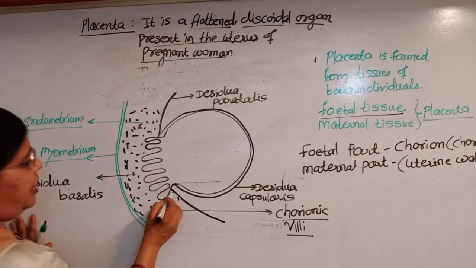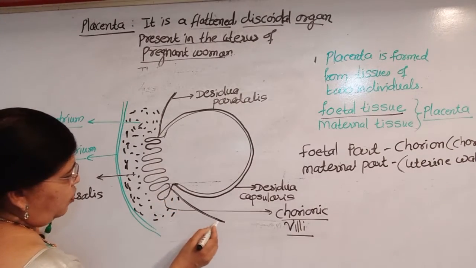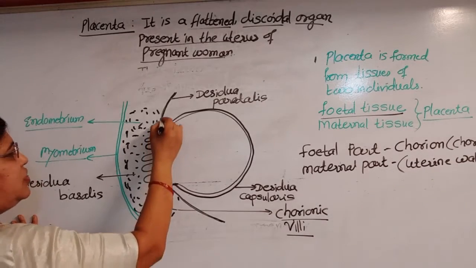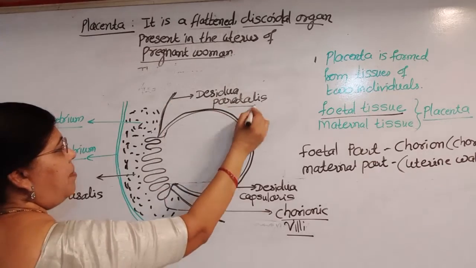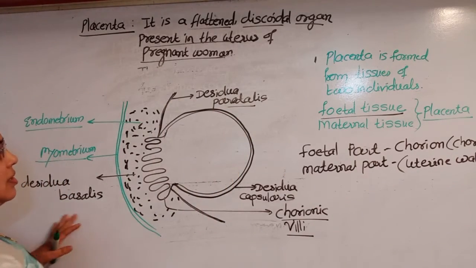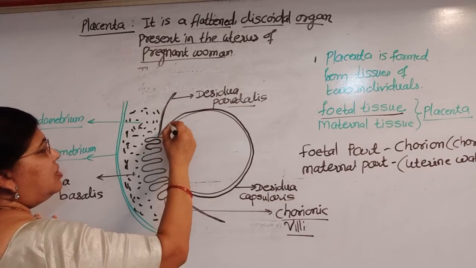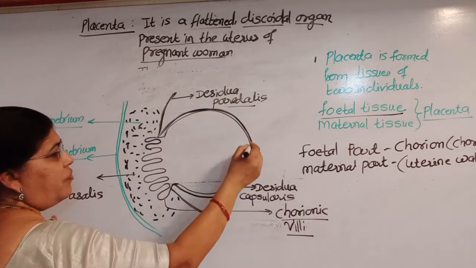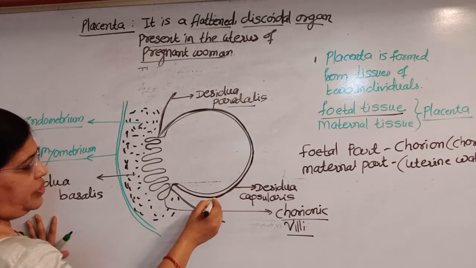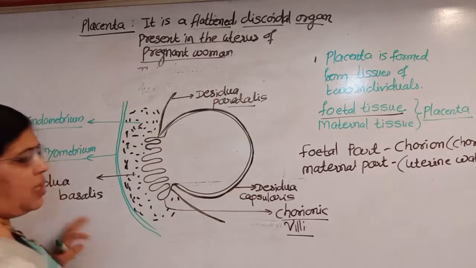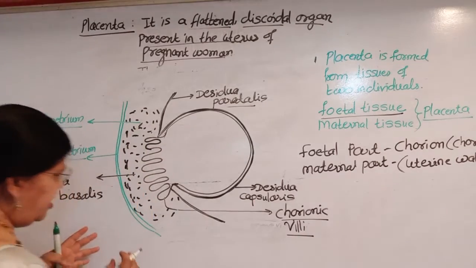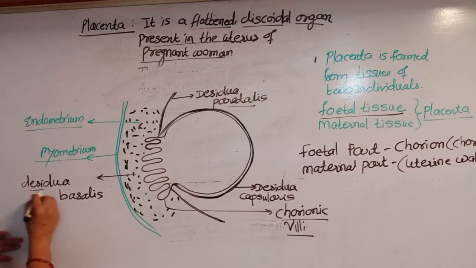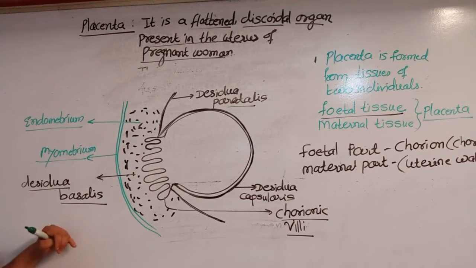See here, this is endometrium, but it does not take part in the formation of placenta. So this is called decidua parietalis. Then endometrium which surrounds embryo is called decidua capsularis, and this part which participates in the formation of placenta is called decidua basalis. Decidua means pregnant uterus.